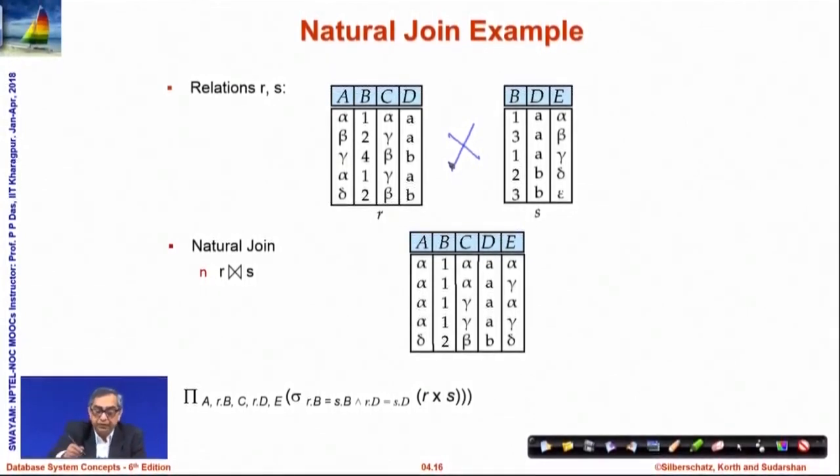So, for example, if you look at this row and this row, what will happen in the Cartesian product?